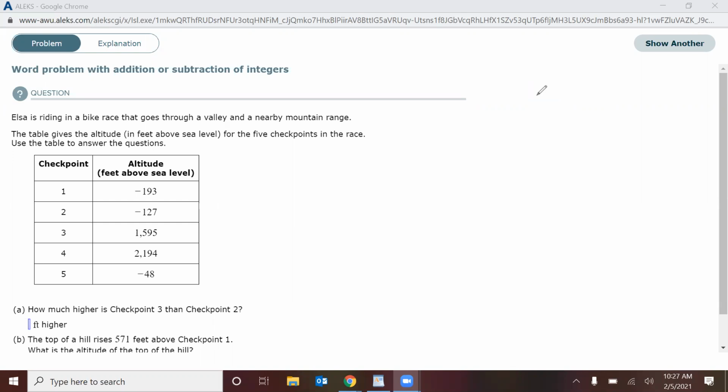So to determine that, I would take the altitude of checkpoint 3 and subtract from that the altitude of checkpoint 2. Now notice that when I do that, I get this minus a minus portion of the expression.